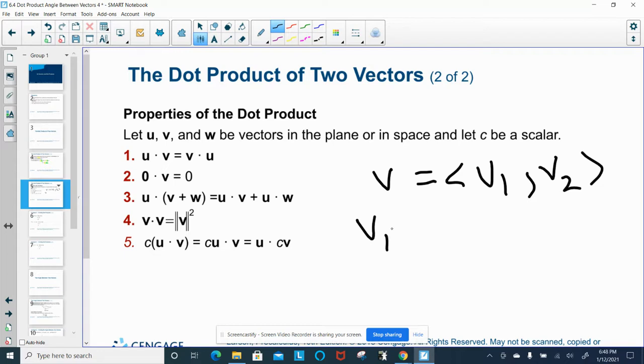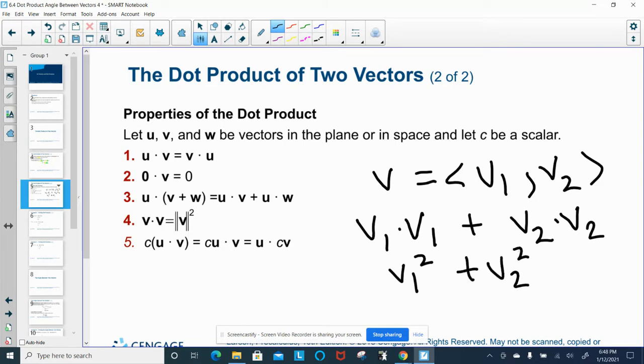So you would be taking V1 times V1, which is like squaring it, and you would be taking V2 times V2, which is like squaring it, which is the magnitude squared. So that's just a convenient little property.